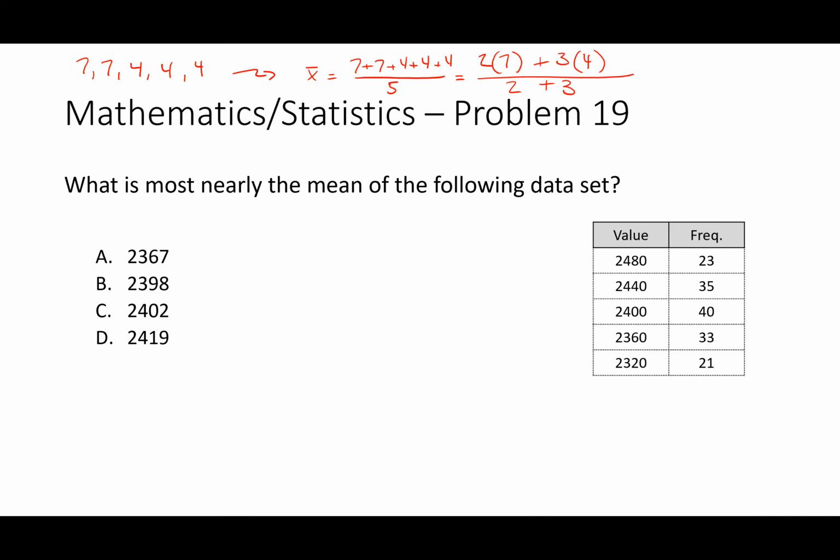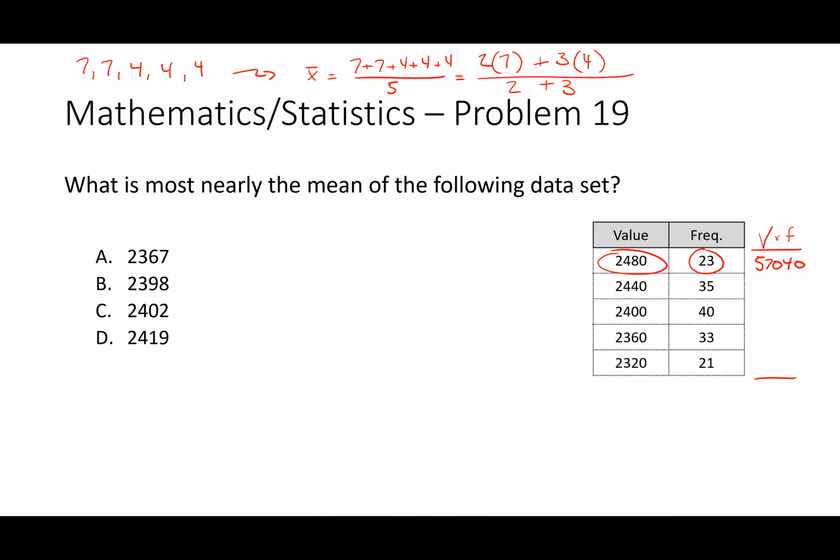I'll be kind of lazy and just do this over to the side. What is V times F for each of these quantities? All I'm doing for the V times F is that product right there: the value times the number of times it was observed. So 2480 times 23 ends up being 57,040.